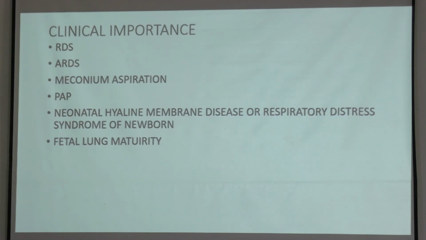Now meconium aspiration. Meconium damages the alveolar cells, so there will be decreased surfactant production. What happens when there is fetal distress? At that time the baby will aspirate meconium. Normally the fluid from the respiratory tract goes to the amniotic fluid.